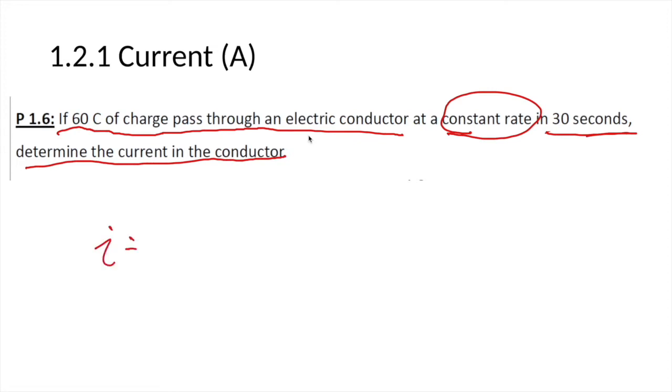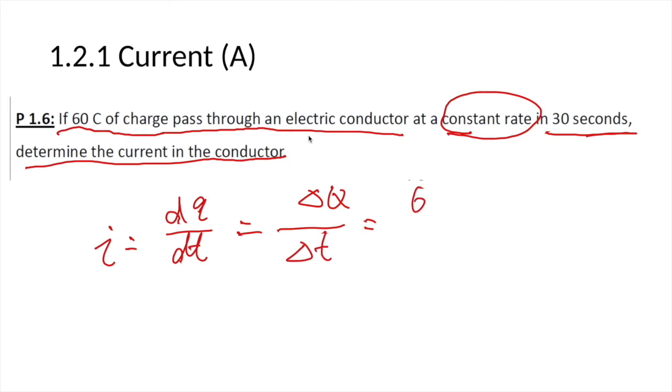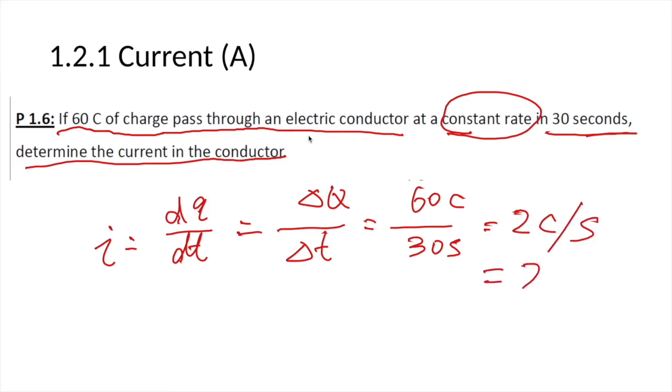The current equals dq over dt, and we know the delta q and the delta t. The delta q is 60 and the time is 30 seconds, so it equals 2 coulombs per second, that is 2 ampere.